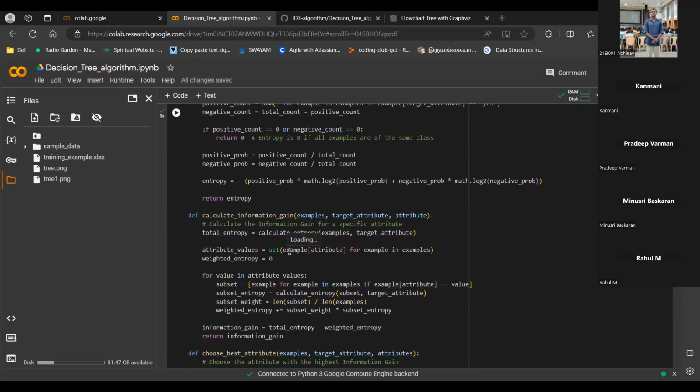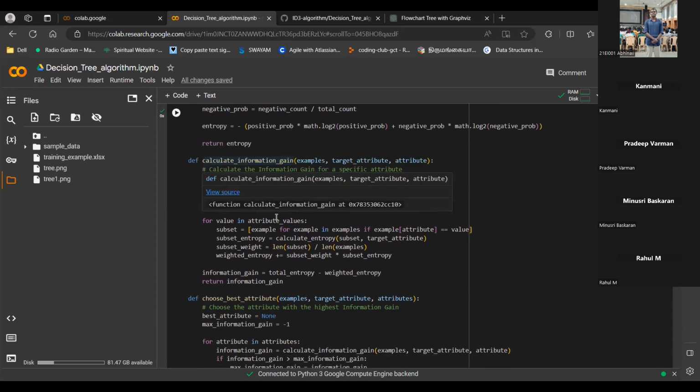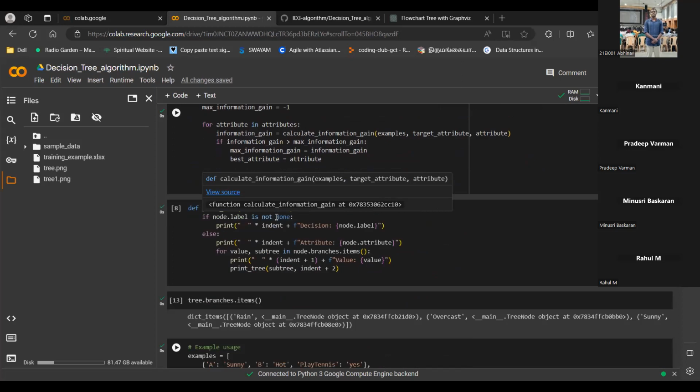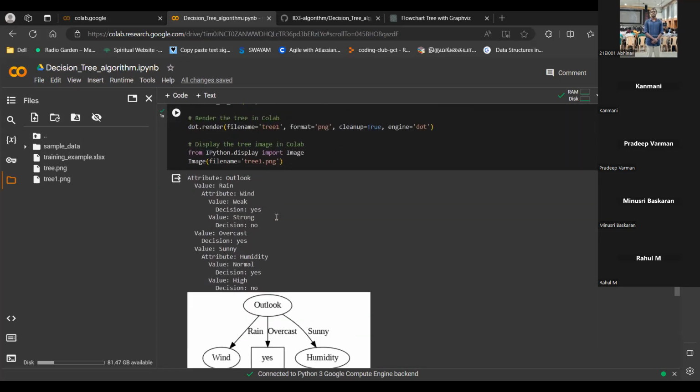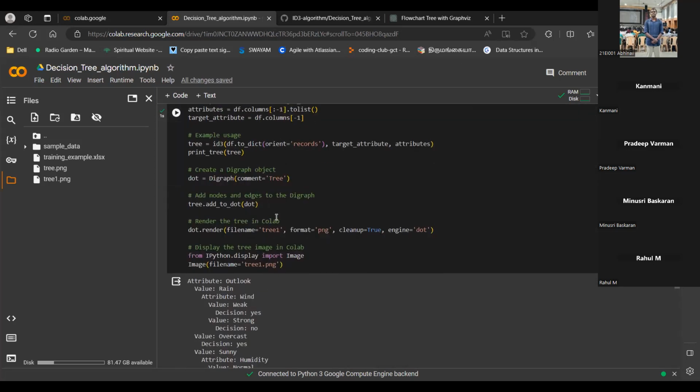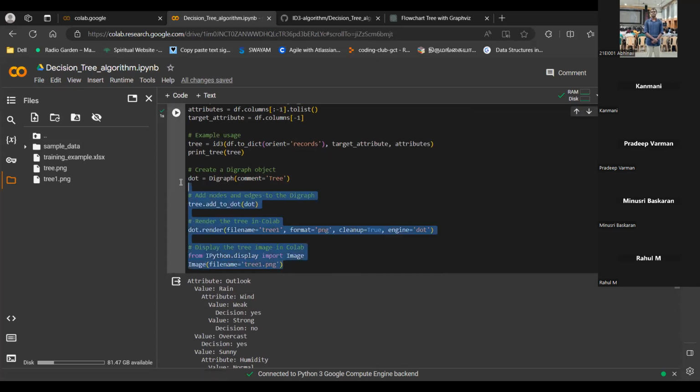Does your code draw the tree structure eventually? Yes. Can you just show me that part where it draws the tree structure? Which library are you using?